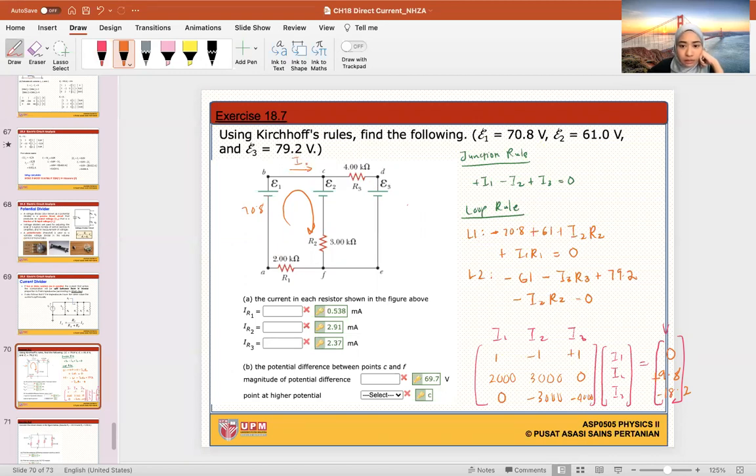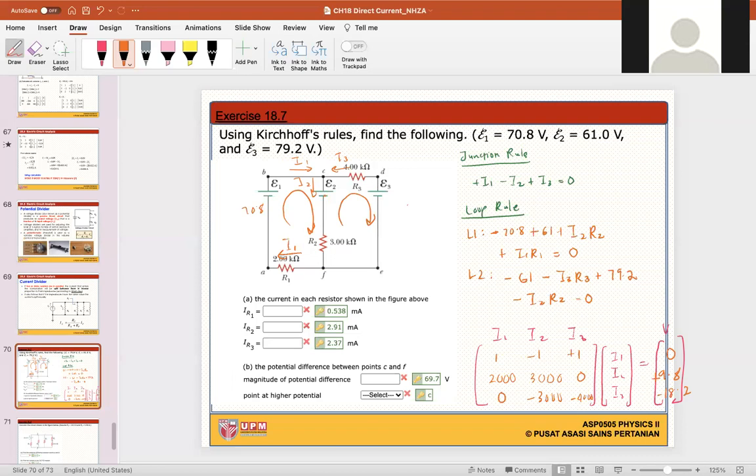I1, I2, and I3. Okay, and then I2 times R2, positive. And then this one, I1 R1, positive. Okay. And then for loop number 2, it's minus 61. Epsilon 2 is minus. Yep.